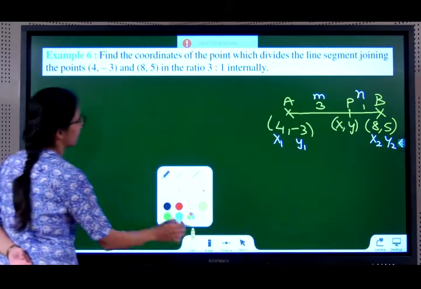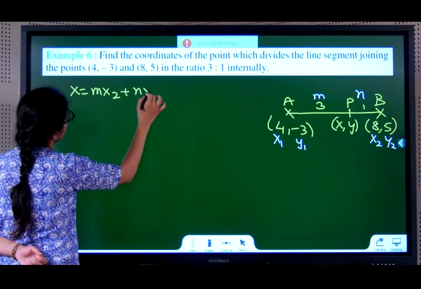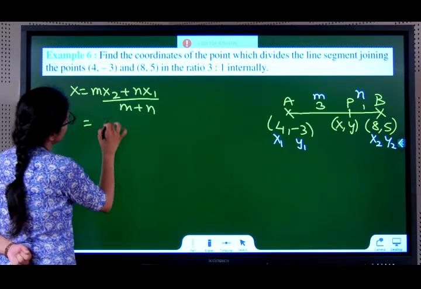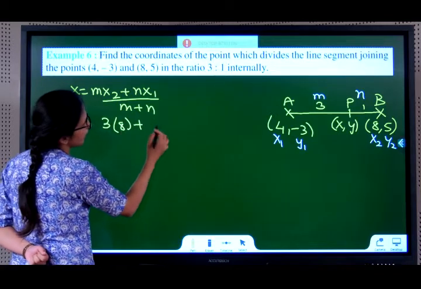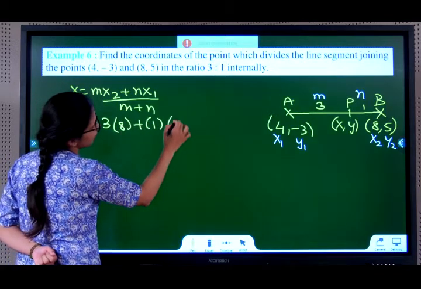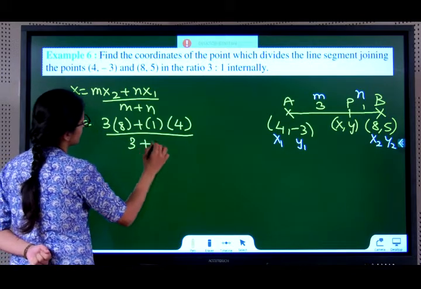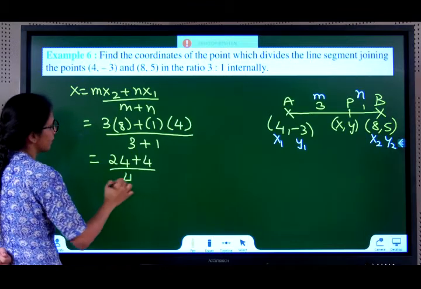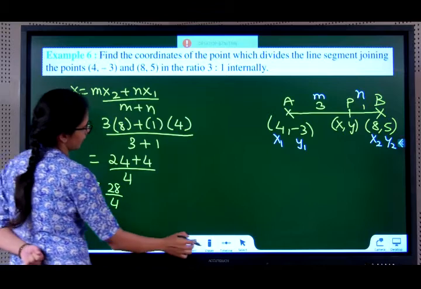Direct section formula. What is x? mx2 plus nx1 divided by m plus n. Substitute and go. M is 3, x2 is 8, plus n is 1, x1 is 4, divided by m plus n, 3 plus 1. 3 8s are 24, 1 4 is 4, divided by 4, 28 by 4, which is nothing but 7.